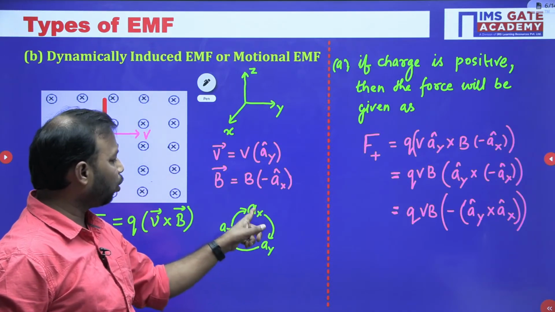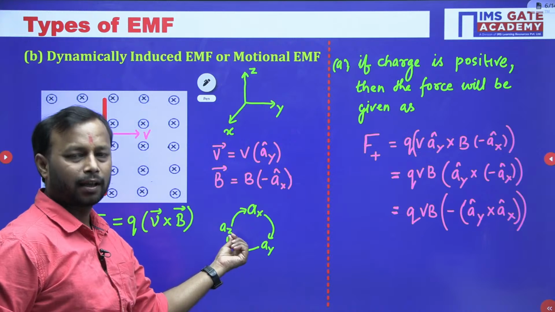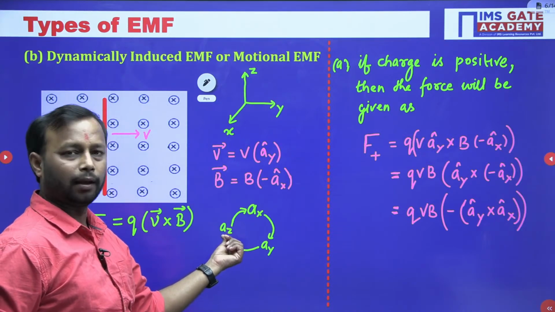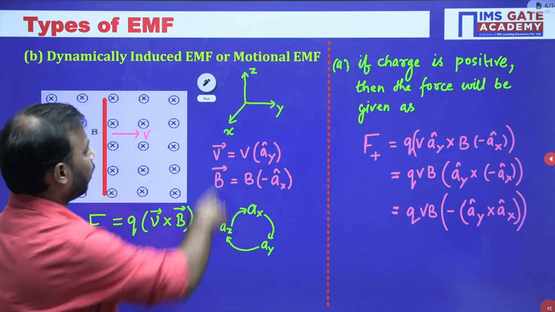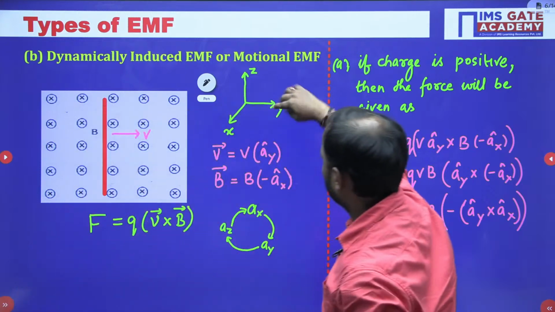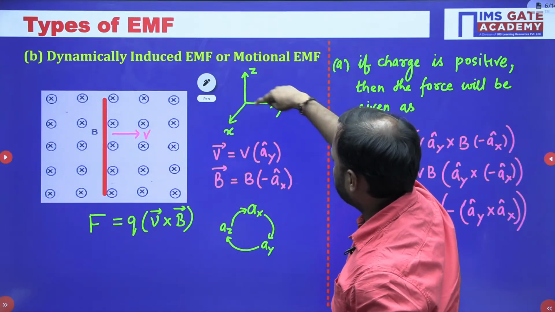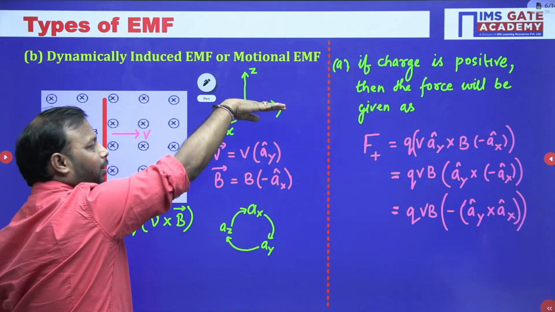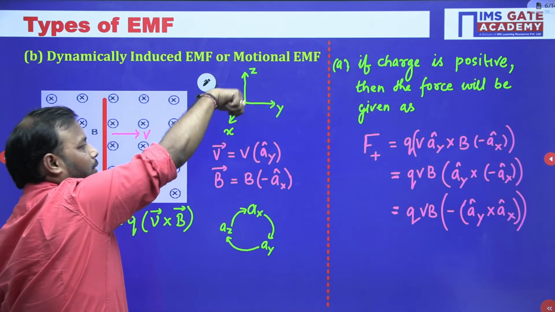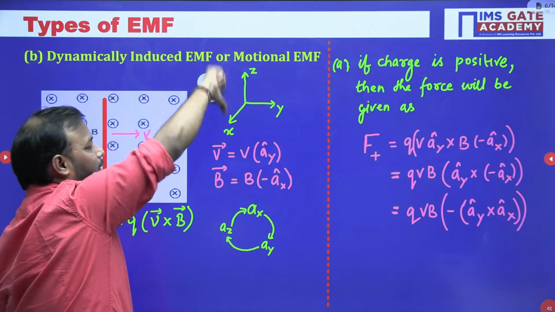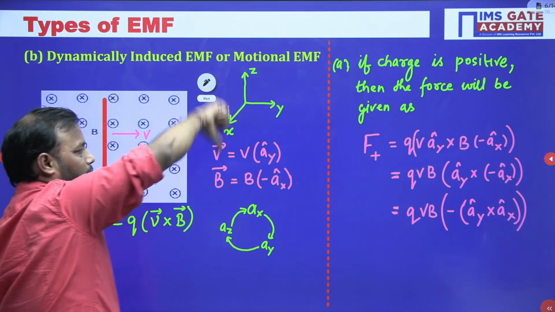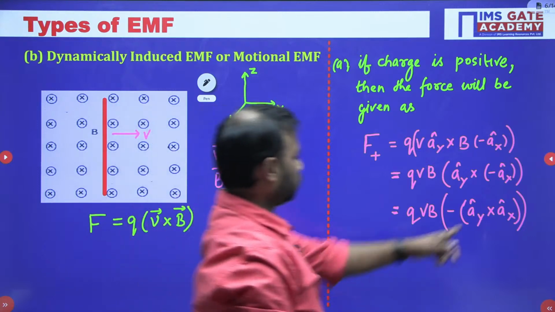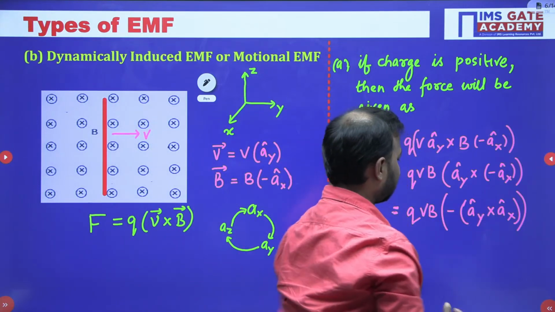So ay cross ax will be minus az. You can also check from here: you have to go from ay to ax, so you need to move from this side to this side. So it will be inside, or basically downward. So minus az.